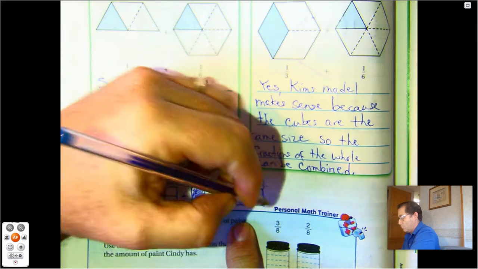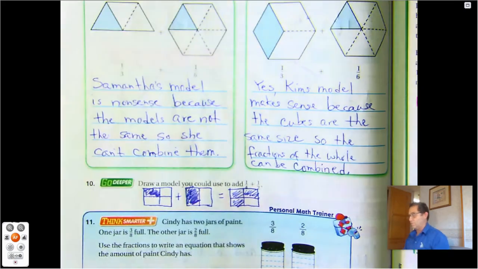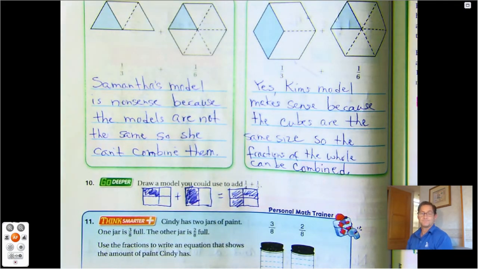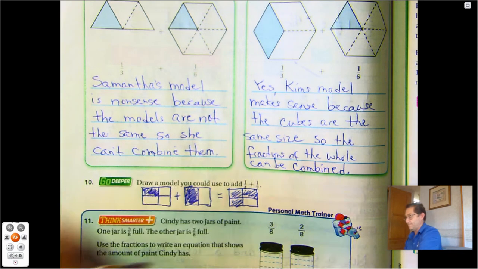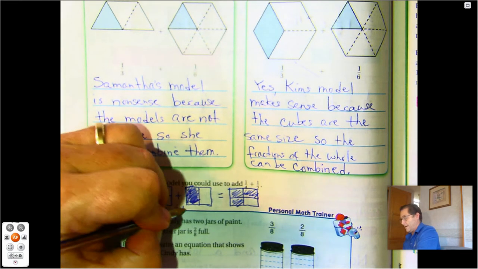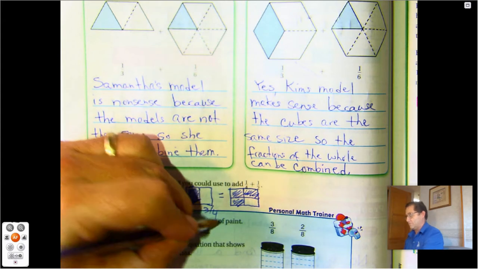So it would equal 3/4. 1/4 plus 1/2 equals 3/4. And last one.